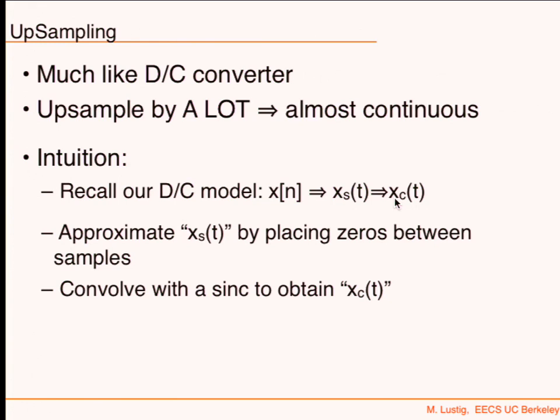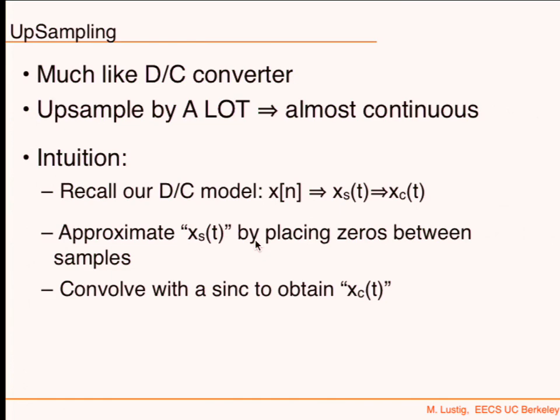That's exactly what we're going to do now in the discrete domain. We're going to approximate x_s(t) by placing zeros between samples, so you've got these discrete impulses. And then we're going to convolve with a sinc, which is a low-pass filter, to obtain x_c(t), but this is really just an upsampled version of x[n]. So it's similar, the same, but different.